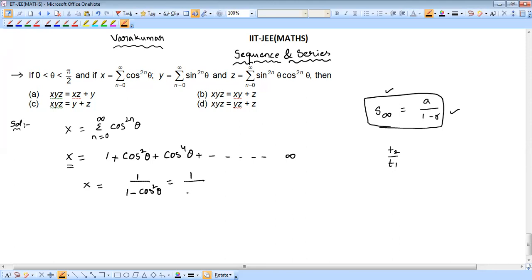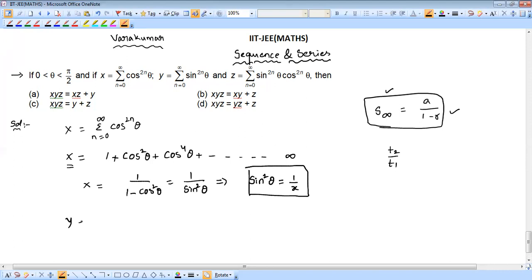And we know 1 − cos² θ is nothing but sin² θ. From here, I'm making sin² as the subject. So sin² θ = 1/x.